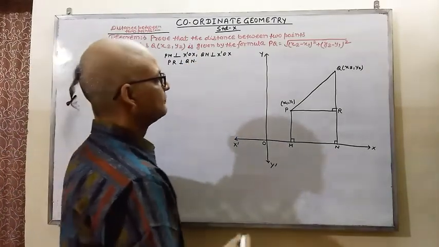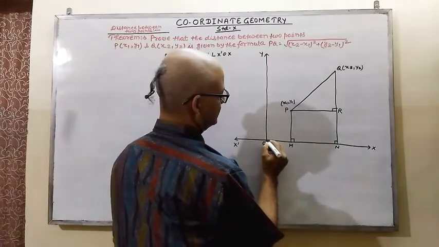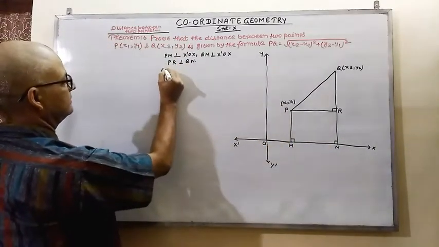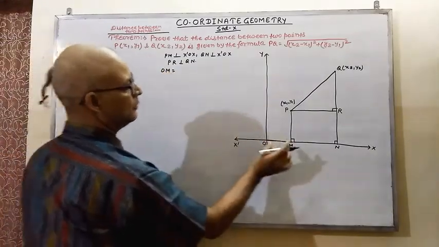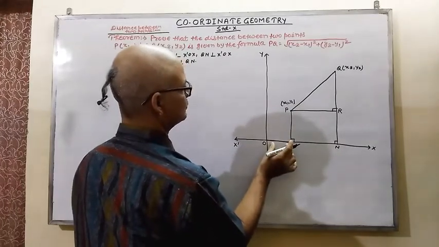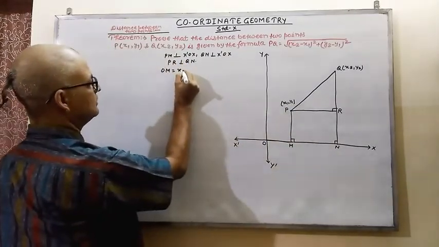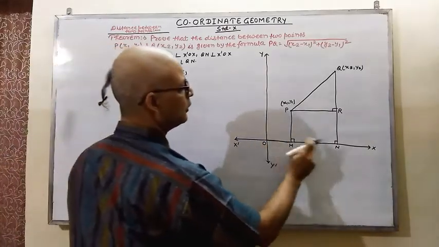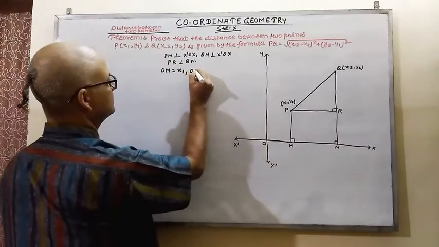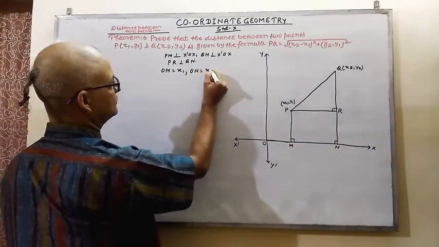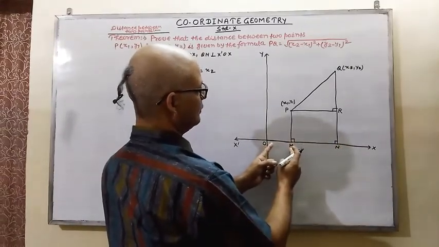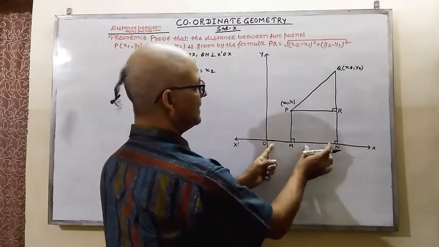Now, what is the length of OM? This coordinate is x1, y1. It means this distance is x1. So OM is equal to x1. ON, now you see this coordinate is x2, y2. So it means ON is equal to x2. From ON, if we subtract OM, then it gives MN.